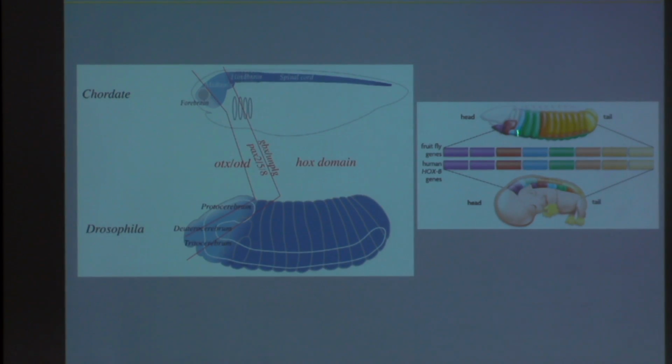So Hox 1, 2, 3, 4, 5, 6, 7 are organized so that their expression domains match their actual arrangement on the chromosome. So the most 5' of the Hox genes are expressed in the most anterior domain. As you go down in the position in the chromosome, they're expressed in an increasingly posterior domain. So organization of the chromosome matches actual expression in the body plan of the animal.